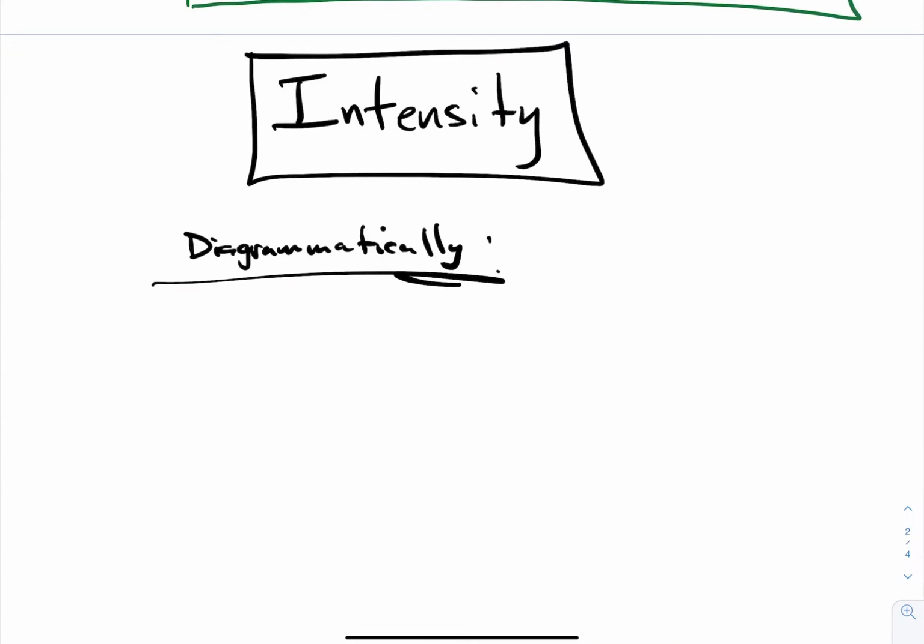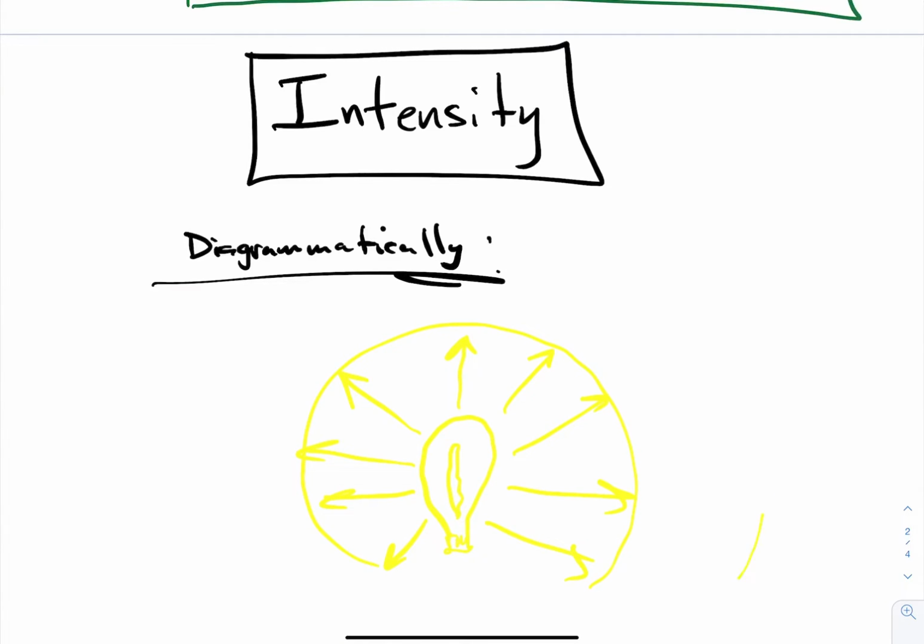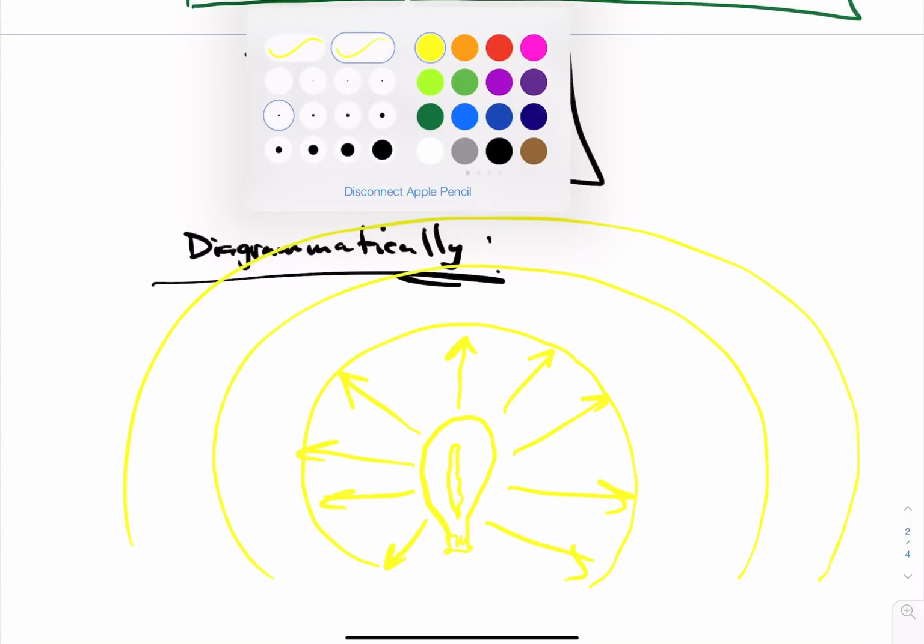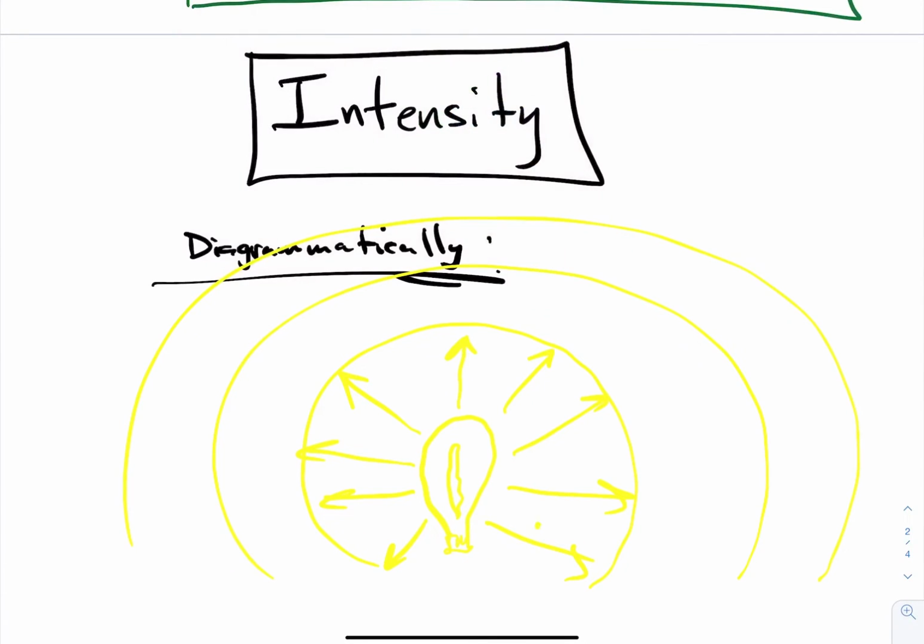We might have some sort of light bulb, like so. And that light bulb might be giving off light. The way that we can think of this is that it's giving off these spherical waves of light in every direction. And so you can imagine that as we go farther and farther away, that might be R1, that might be R2, and that might be R3.